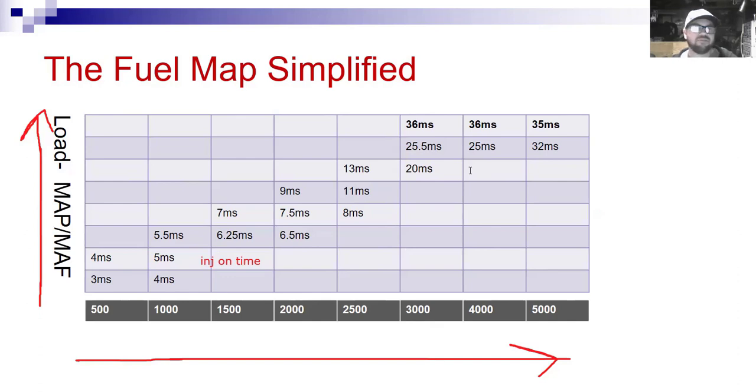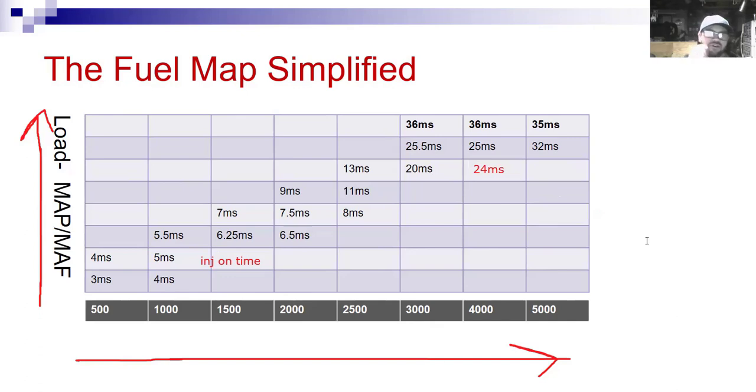Really what the computer is going to do is from whatever you type in those boxes, it's going to calculate a certain amount of on time for how long it turns on the fuel injector. So maybe at 4,000 RPM, at whatever load this is right here, it determines that 24 milliseconds is the right amount of on time. Okay, so that's what's programmed in the fuel map.